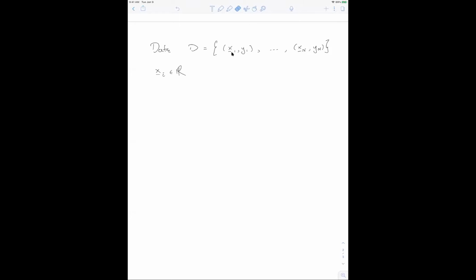I'm also going to try to write this D as a calligraphic D to represent data, because we're going to use capital D to represent the dimension of the feature space. So the example lives in a D-dimensional feature space. Just a note that we'll sometimes be using little i to index an example, and we'll sometimes be using little n. So don't be confused.